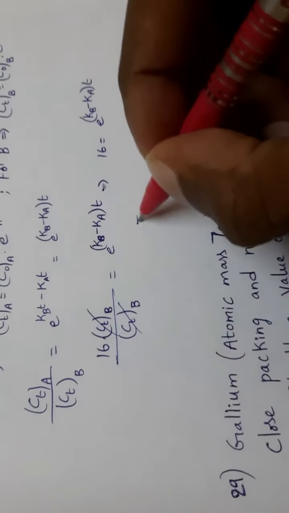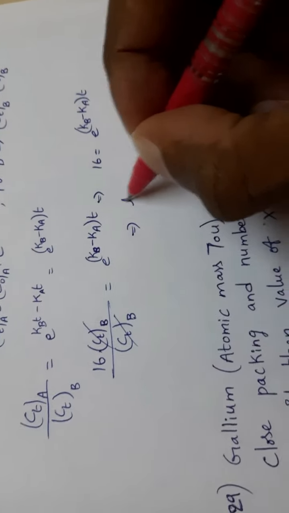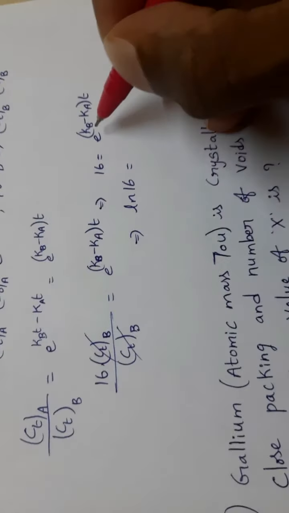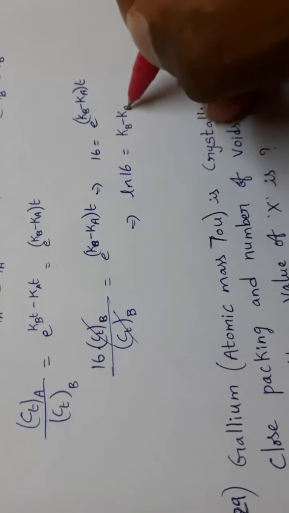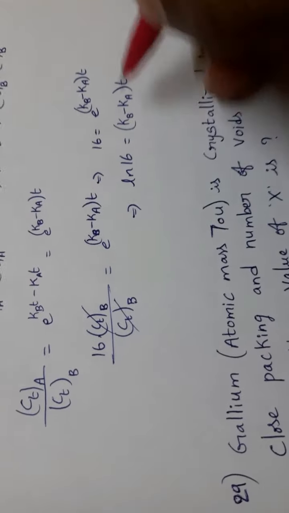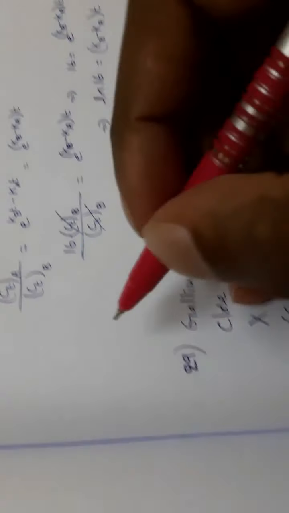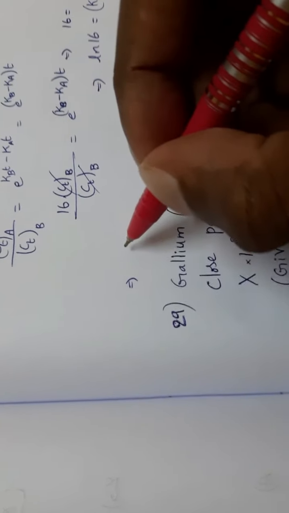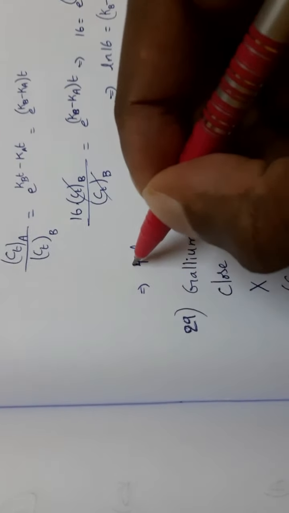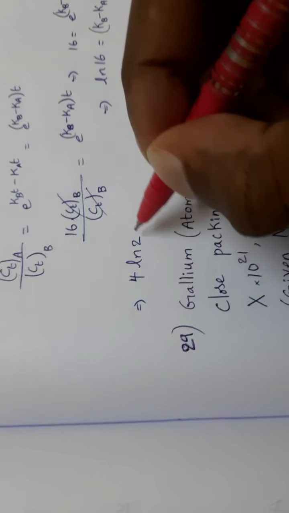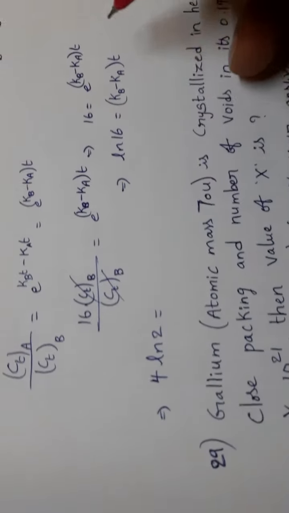Now by taking ln on both sides, ln e base e means 1, then we get Kb minus Ka into t. ln 16 means 2 power 4, then 4 into ln 2 equal to this one.